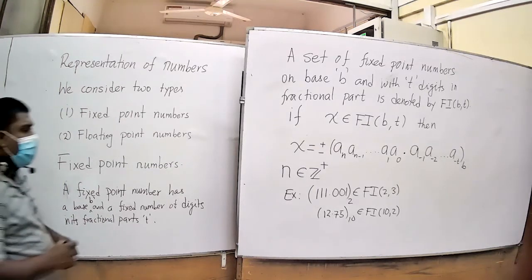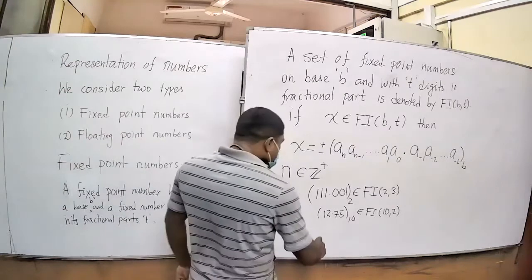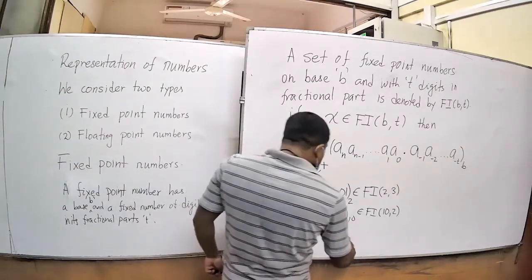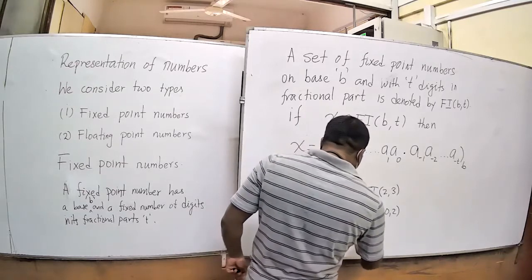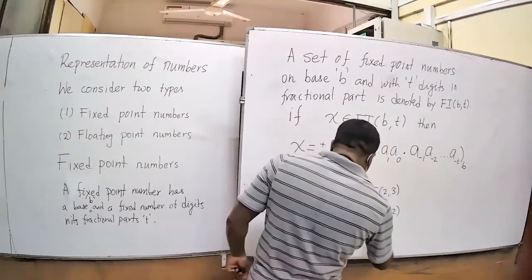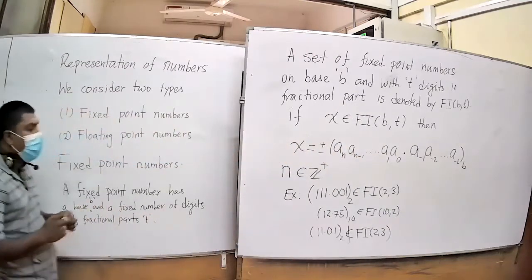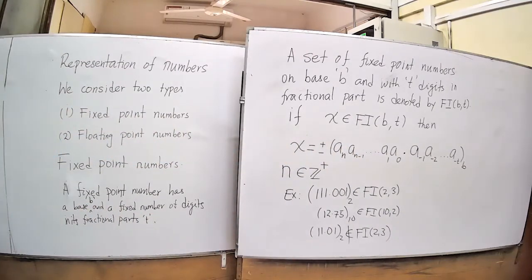So clearly you know that this is not true: 11.01 in base 2 cannot be a member of FI of 2 comma 3, because this has only 2 digits in the fractional part. So you cannot include that number in the set of fixed point numbers. You have to be careful about this representation of fixed point numbers.